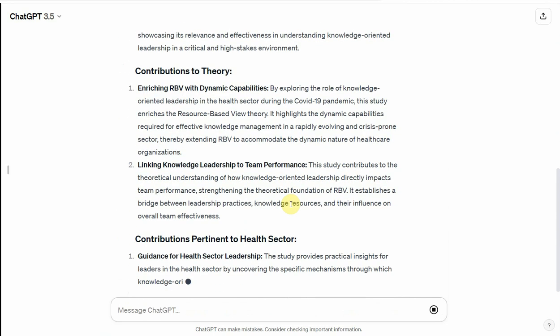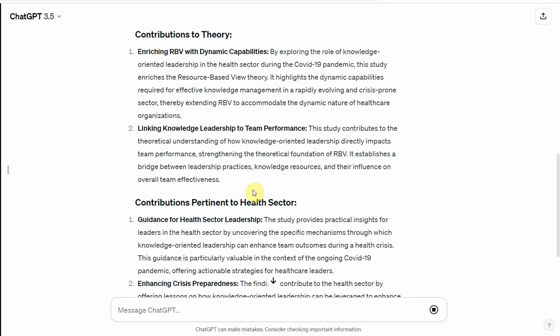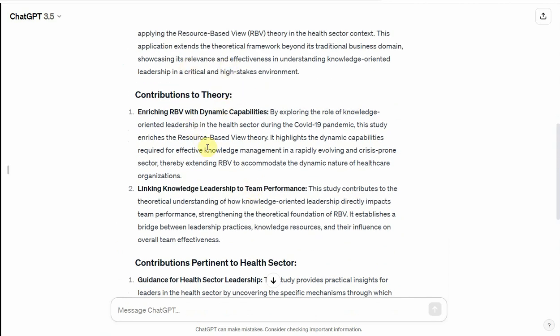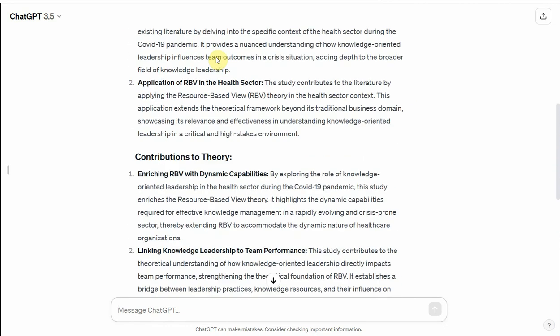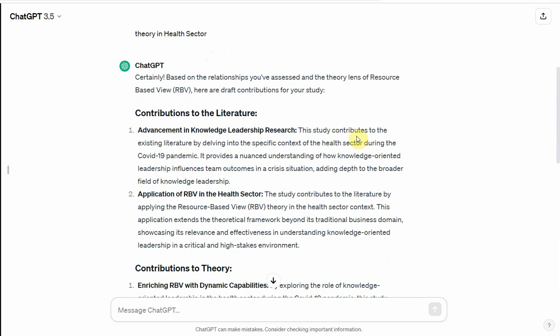Now here are your contributions to the health sector, contributions to the theory, contributions to the literature. So let's see how ChatGPT has worded these contributions. This study contributes to the existing literature by delving into the specific context of health sector during COVID-19 pandemic.